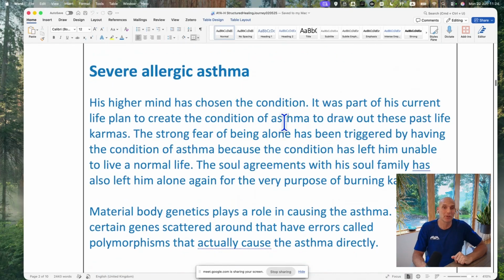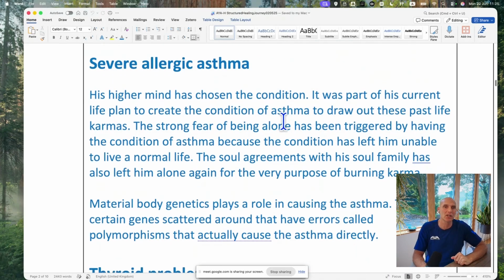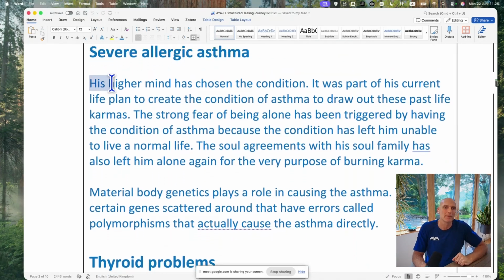Okay, next problem on the list: severe allergic asthma. So, this is what we've determined after some meetings with the hub, his higher mind has chosen the condition. We know that because he's of a heart chakra level, so it's a woken up higher mind, and he's got a life plan.